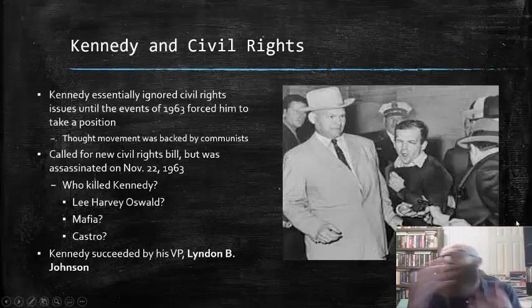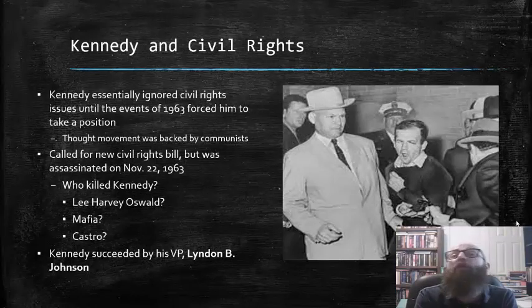Kennedy was so wrapped up in this Cold War paradigm that he essentially ignored civil rights issues until the events of 1963, such as the protests in Birmingham and, of course, the March on Washington, forced him to take a position on the issue due to the televised coverage and the public outcry that was a result of that coverage.